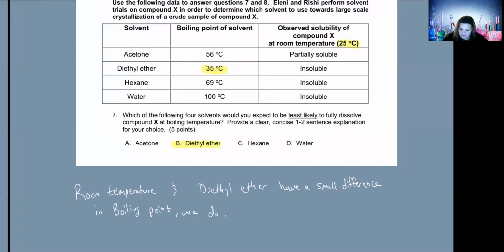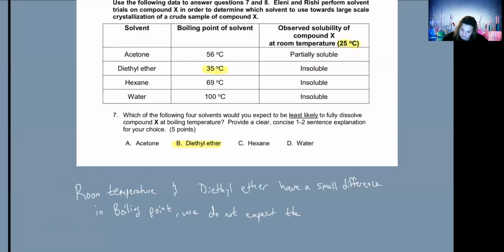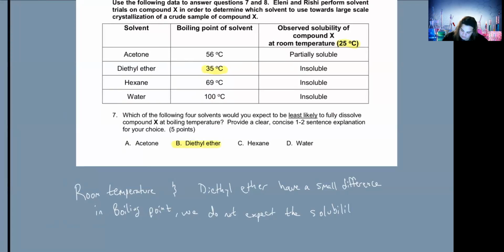We do not expect the solubility to be different between the two. Solubility to be different when boiling, sure. Sorry, my handwriting sucks. We'll add a little pizzazz. Right, so something along those lines would get you credit here, okay? All right, so that's question 7, and that was worth 5 points.